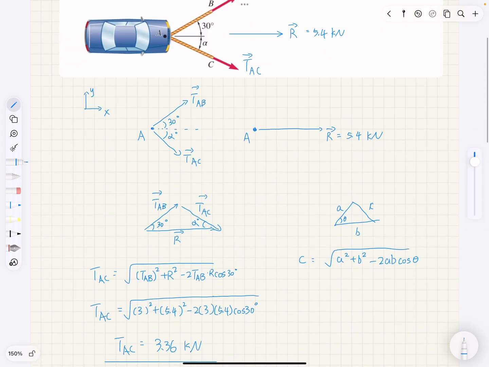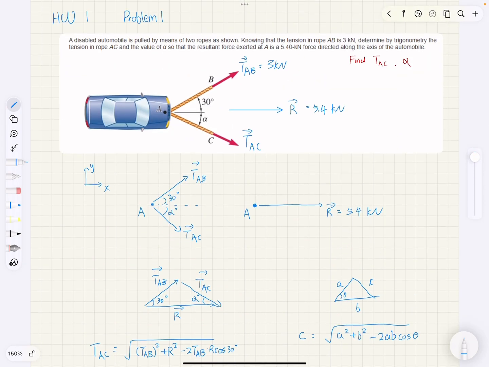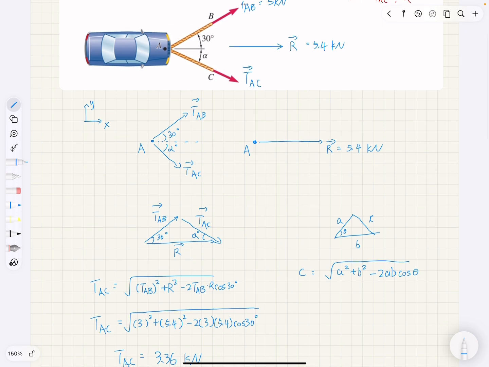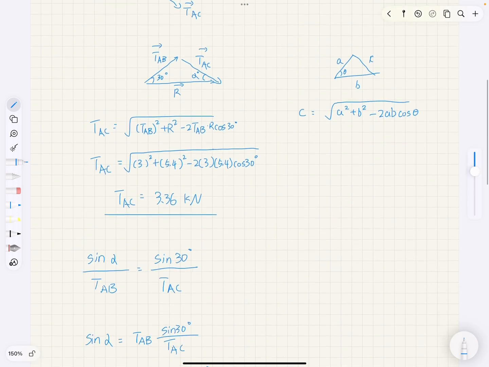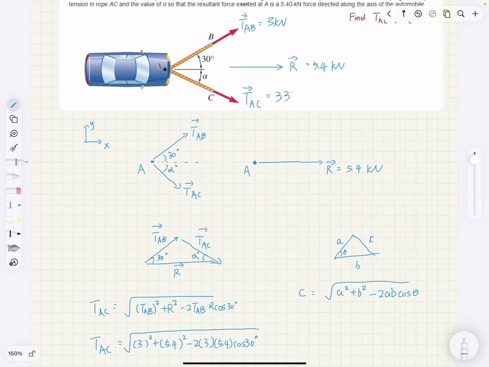So when we look back at the problem, TAC is 3.36 kilonewtons, and alpha is 26.6 degrees.